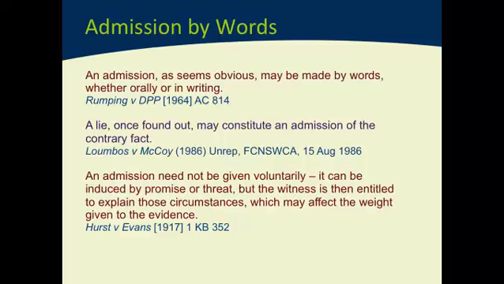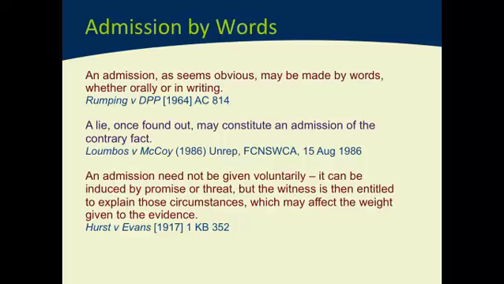It certainly enables the court to start reflecting on whether or not by telling that lie they might have actually been making an admission. The question is, by telling the lie, what were they trying to cover up? If you can work out what they were trying to cover up, the lie itself can constitute an admission. Pretty tricky one to make work, but it can be made effective from time to time.